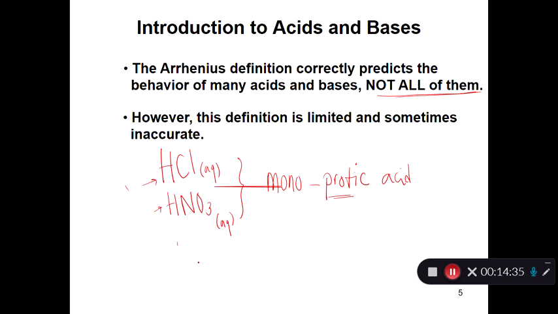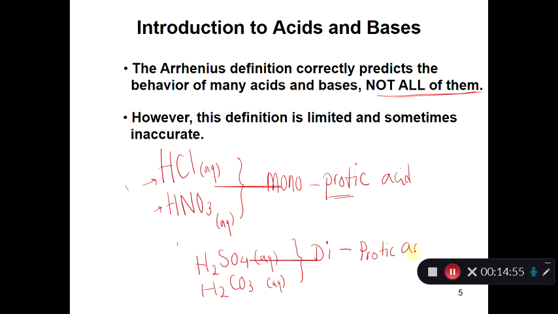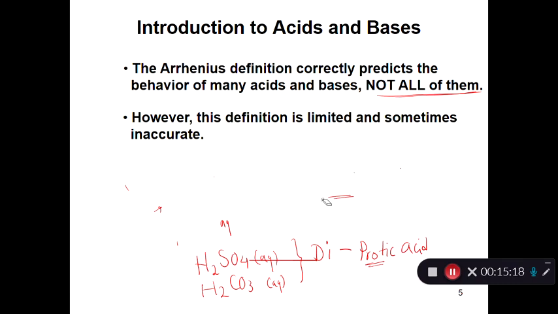If we have 2 hydrogens in our acid, like H2SO4 and H2CO3, we call this group diprotic acids. You don't need to identify the type of acid like this, but in general, if we have a question, what type of acids do we have, monoprotic or diprotic, it means we are talking about the number of hydrogens, 2, 3. If I ask you, I'm sure you are going to answer correctly. What type of acids do we have?